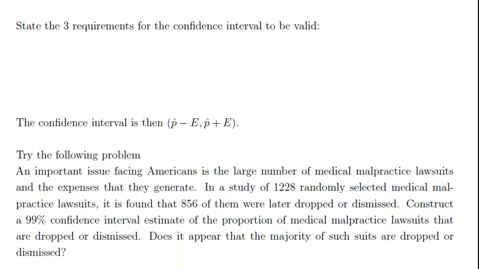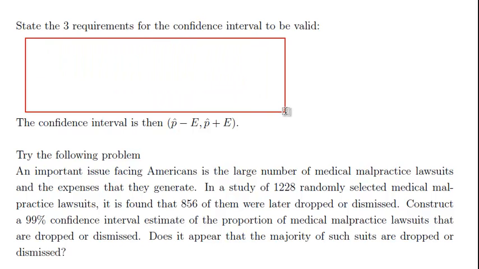Okay, for any confidence interval to be valid, there's 3 conditions. We have to have a simple random sample. N times p hat, so the little caret above there, has to be greater than or equal to 10. And n times q hat, I can't type that in, so I'm just going to write hat there, has to be also greater than or equal to 10.